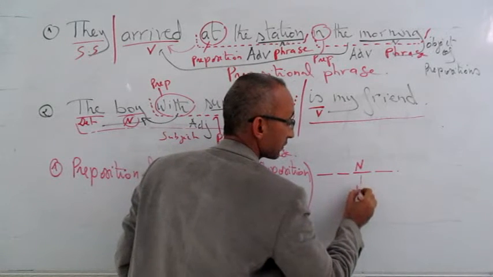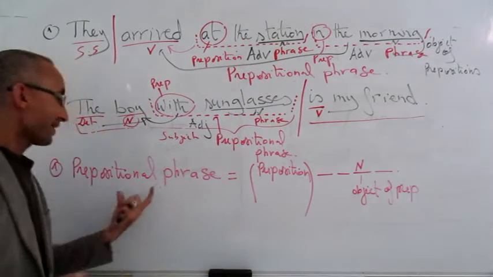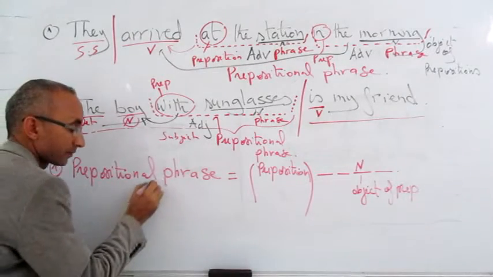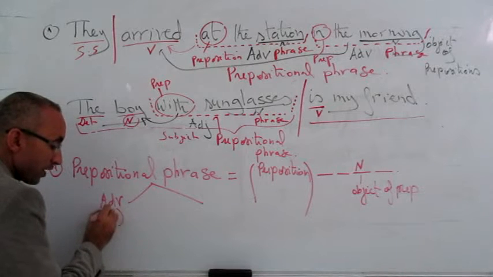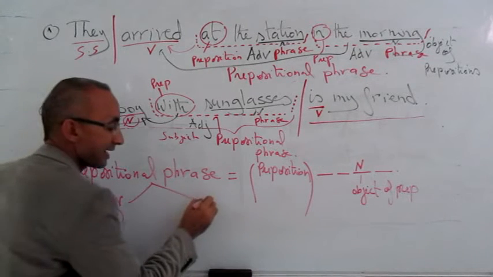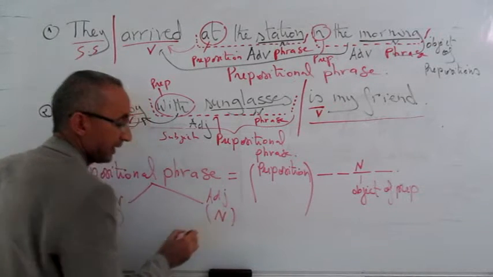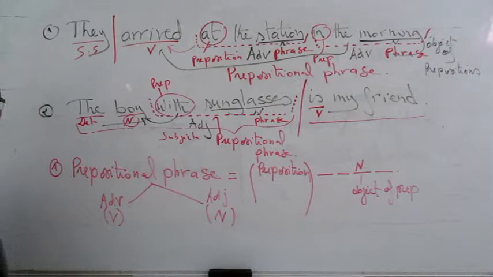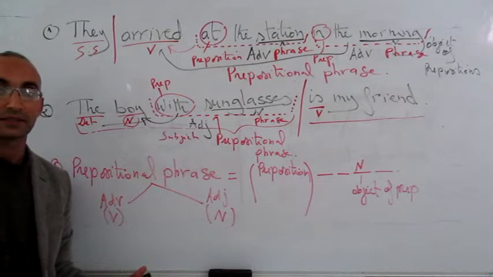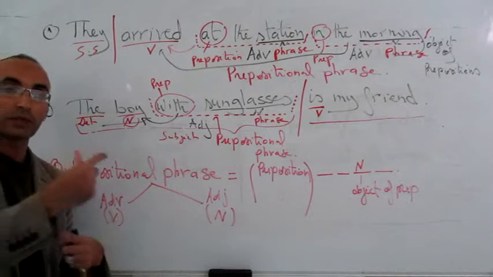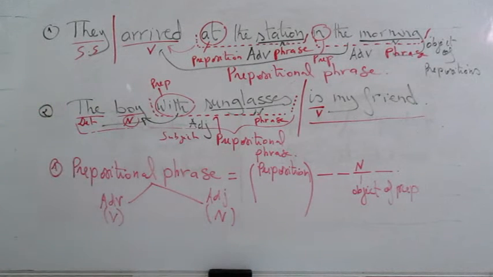This noun is called the object of the preposition. And this type of phrases can act either as what? An adverb, when it is related to a verb, or as an adjective, when it modifies a noun. So this is the first type of phrases. Still, there is another important type we will see and highlight. Good.